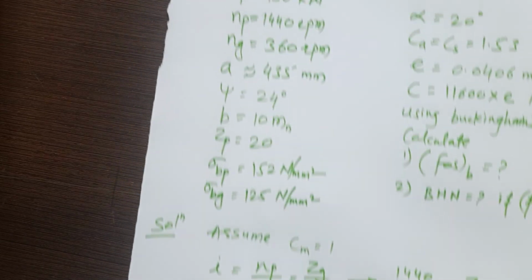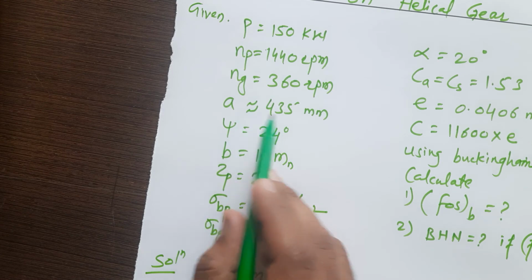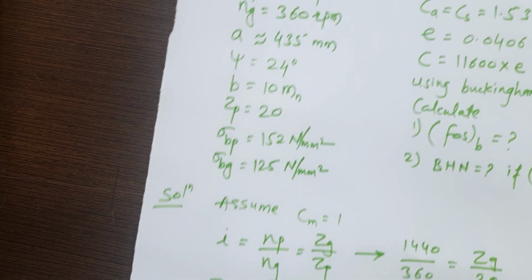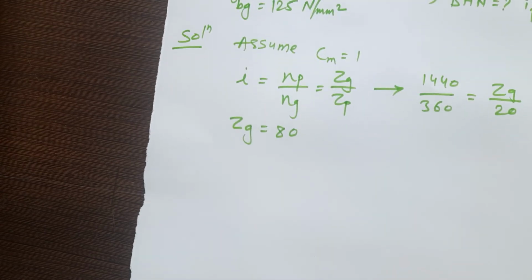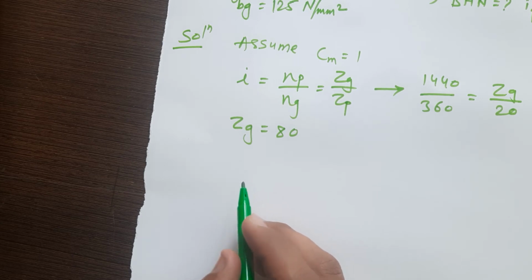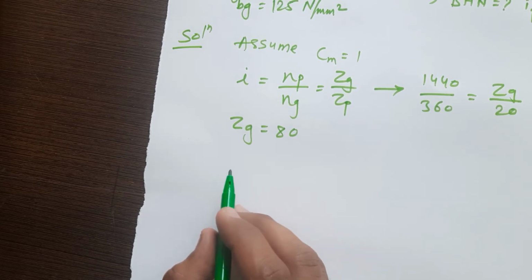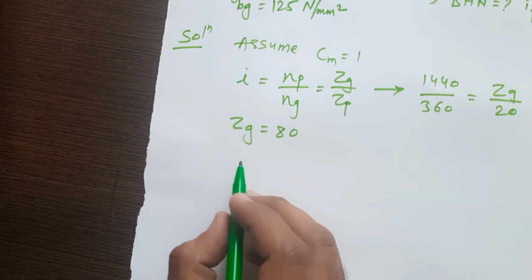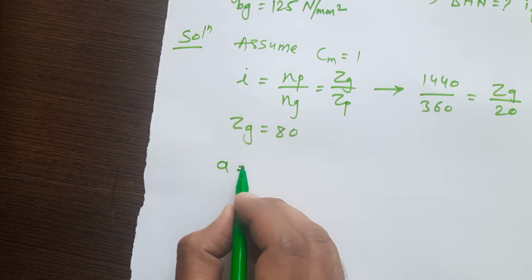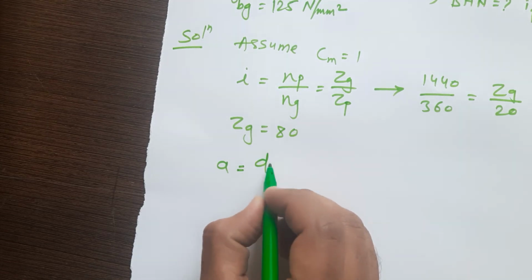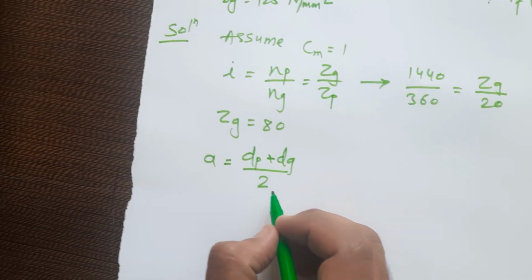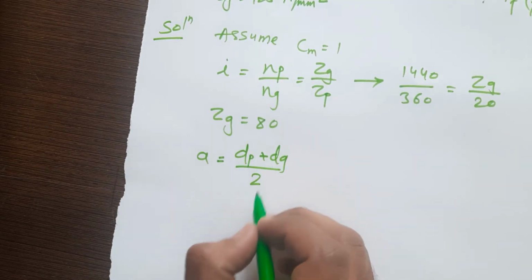Then after this center distance is given approximately. Remember, whenever the center distance is given, directly from the center distance you will get module, because we have a relation between module and center distance with the number of teeth. I have already taken that relation in detail, but I'm repeating it. A is nothing but dp plus dg divided by 2, that is, diameter of pinion plus diameter of gear divided by 2.